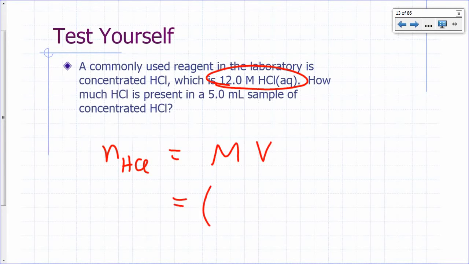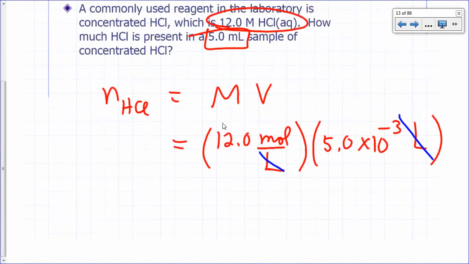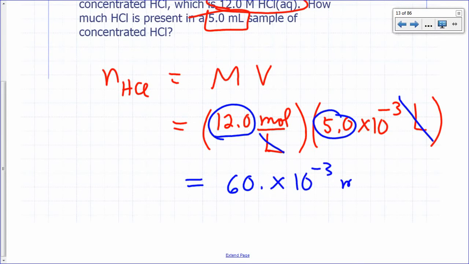So our molarity is 12.0 moles per liter. We're using milliliters, but it doesn't really matter. 5 mils would be 5.0 times 10 to the negative 3 liters. So liters cancel out. 12 times 5 is 60, 2 sig figs, times 10 to the negative 3 moles.